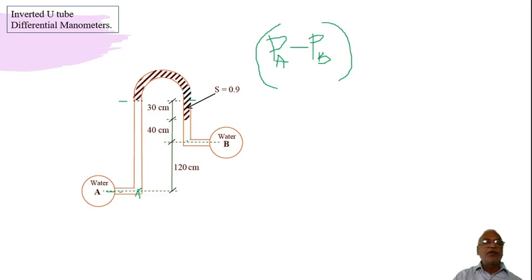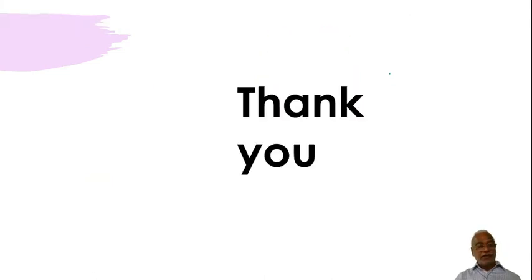Here also it is PB minus gamma W into 0.4 minus gamma of oil of specific gravity 0.9. You know how to find out gamma: it will be equal to S into gamma W multiplied by a distance of 0.3, and then when you solve you'll be able to calculate PA minus PB. So this is how to calculate pressure difference using differential manometers. Okay, thank you, take care.